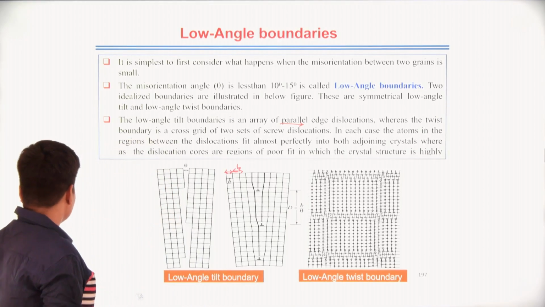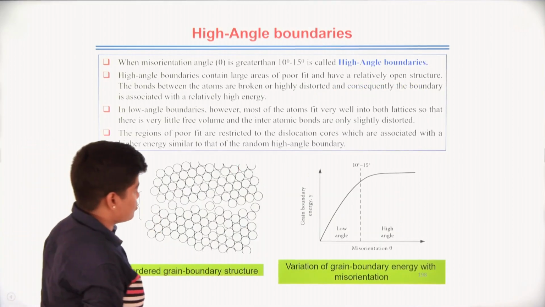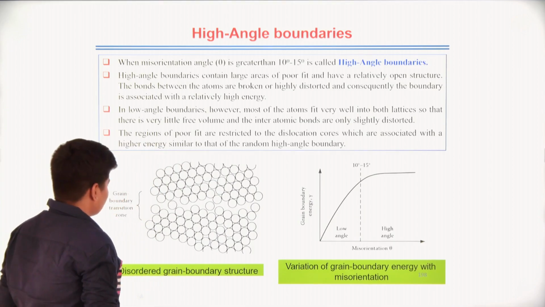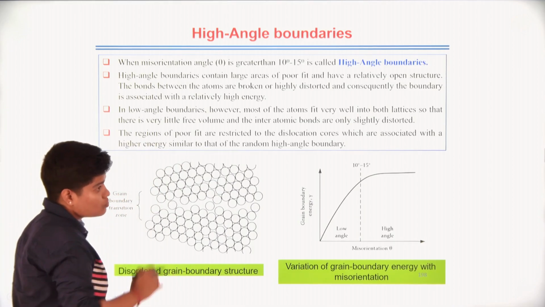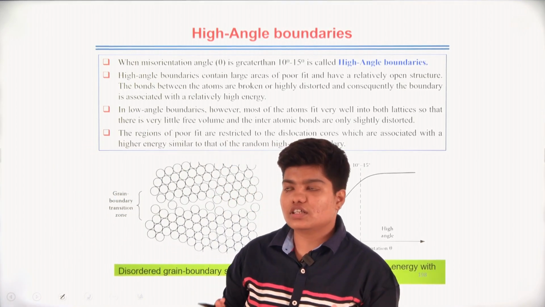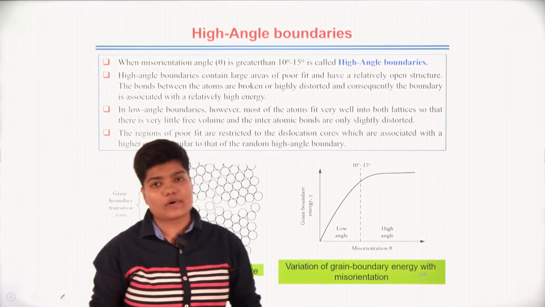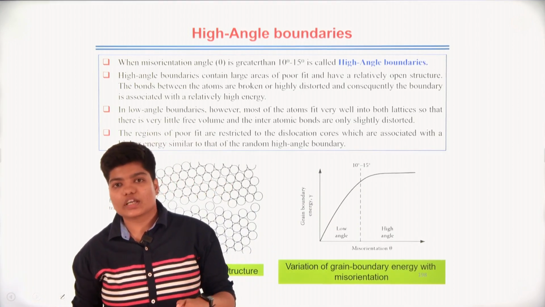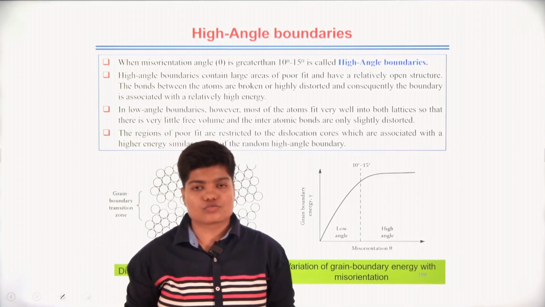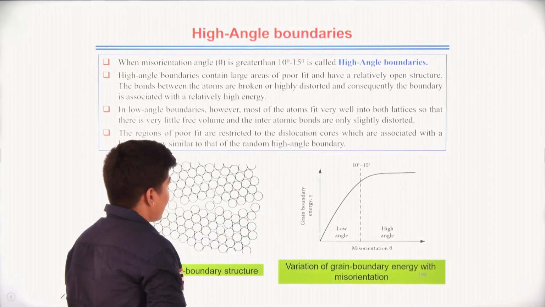Here we can see an open, disordered structure, so we cannot fit the lattice points because of high distortion. In the case of high angle boundaries, the bonds are broken due to high distortion, so the boundary energy will be high.